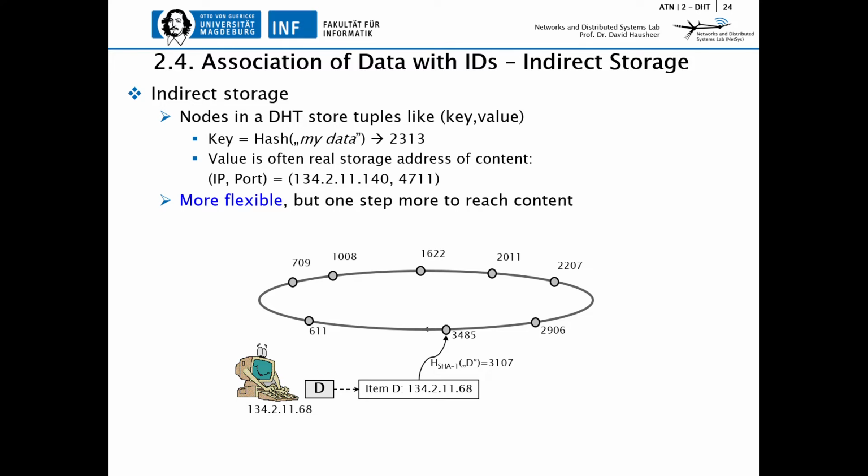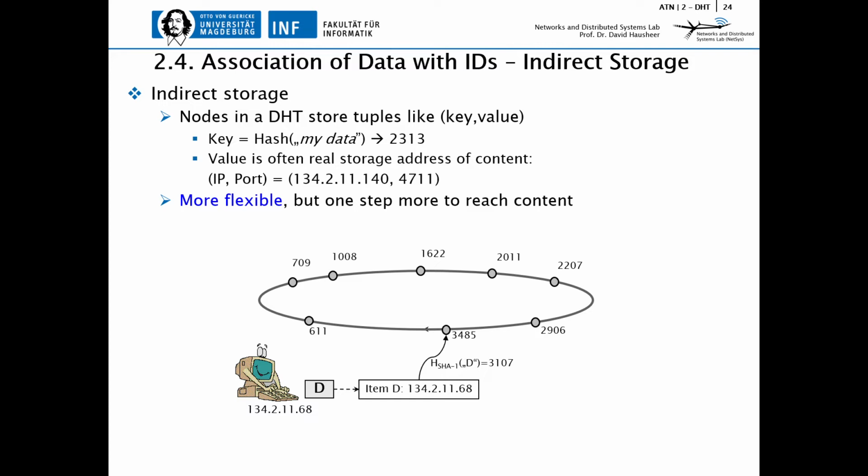In this case, the value doesn't include the data item itself, but instead just includes the actual storage address of the content, which, as mentioned before, can be an IP address and a port number that refers to a node from which the content item can then be retrieved. This is much more flexible.